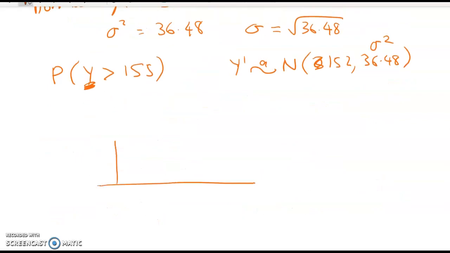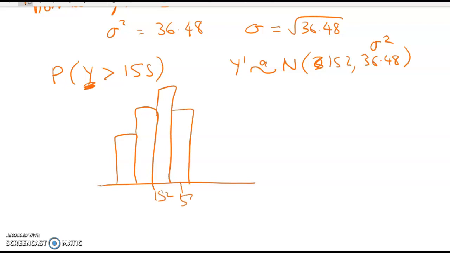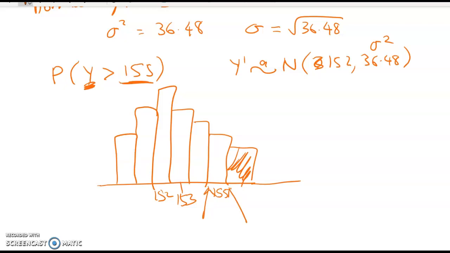So when we draw that bit of the bar curve out, here's 152, this is 153, and so on. We don't want the 155th bar in there, so we don't want to be colouring that one in. We want to start our colouring in from here. If you think about it like that, you're always going to get this idea of a continuity correction. Think of that 155 as extending back to 154.5 and going up to the edge of the bar that we do want in here.